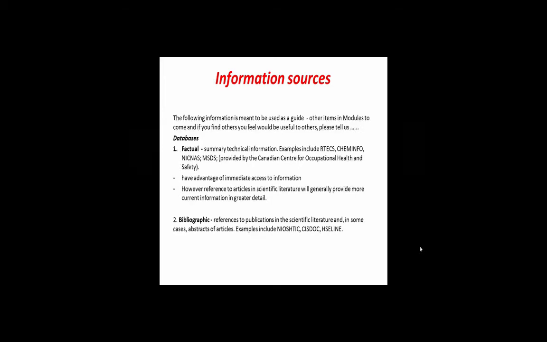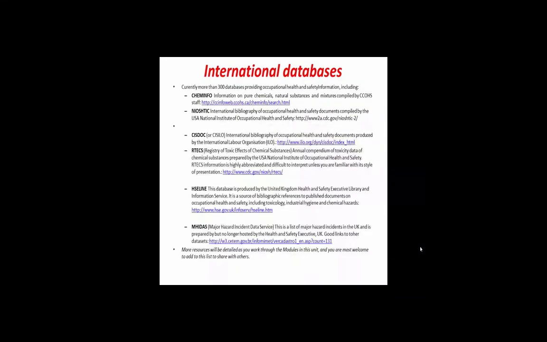ChemInfo is another really good one. The MSDS one, which is through the Canadian Centre for Occupational Health, is a really good one too, and it pulls together a number of others. These are immediate, but a lot of the bibliographic ones are good to go to where you want more in-depth information, or you want to explore further the impact of particular substances in terms of hazards and exposures.